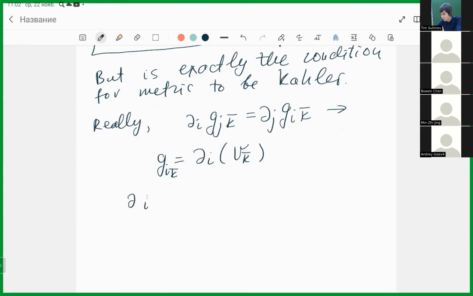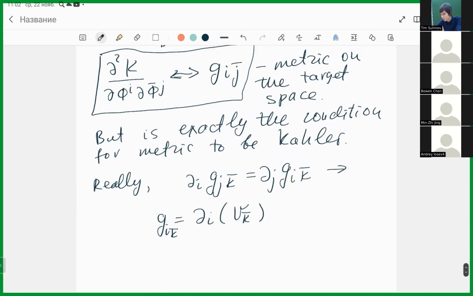And similarly, so this is a condition of metric of being scalar.